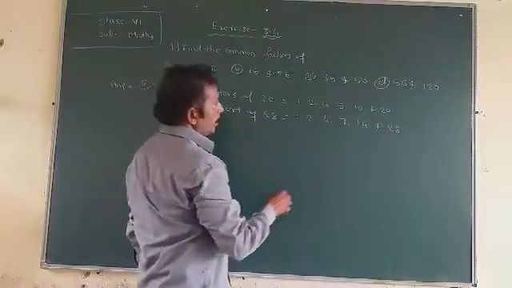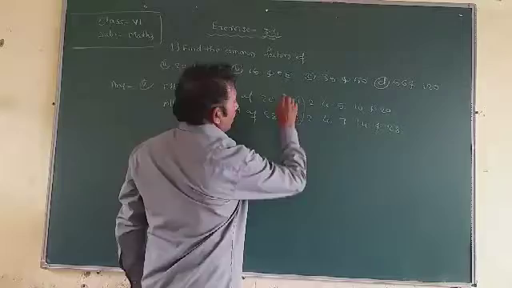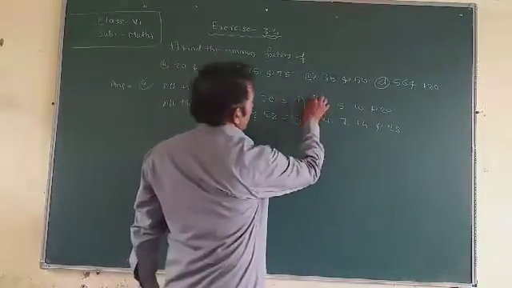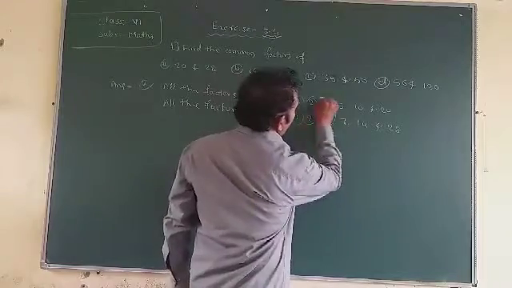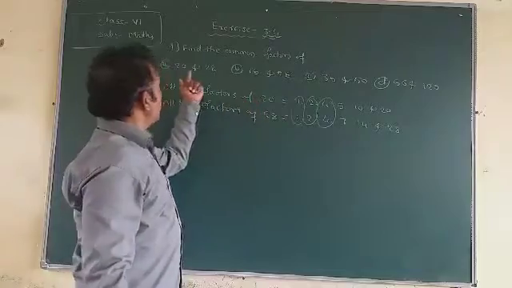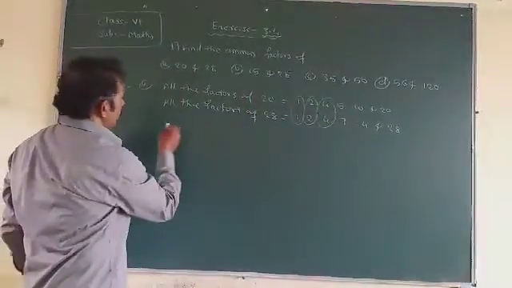In both the factor lists, circle the numbers which are common factors. 1 is common, 2 is common, 4 is common. So, these are the common factors of 20 and 28.